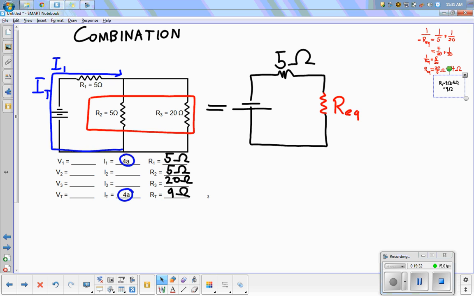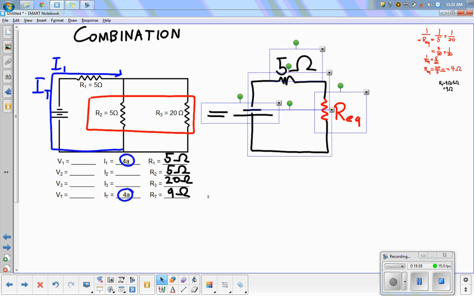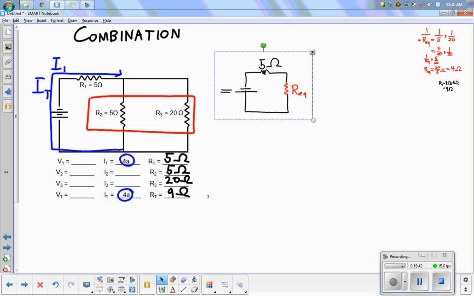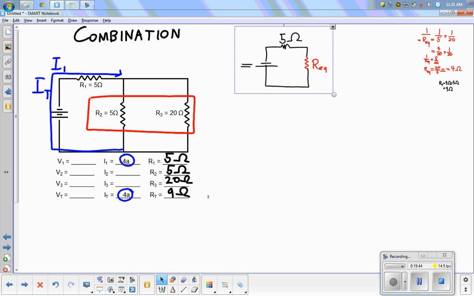Let's say now I want to deal with this single series circuit right over here. My voltage is unknown, but I do know the current, and that's our total current. I know the current up here is our 4 amps. I know my total resistance was our 9 ohms.